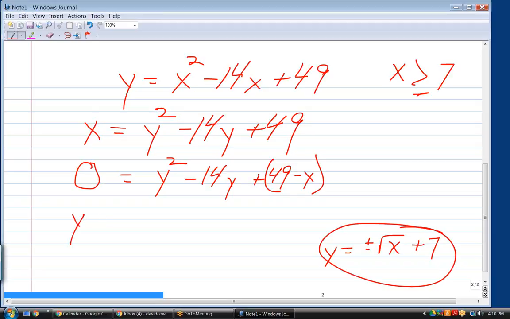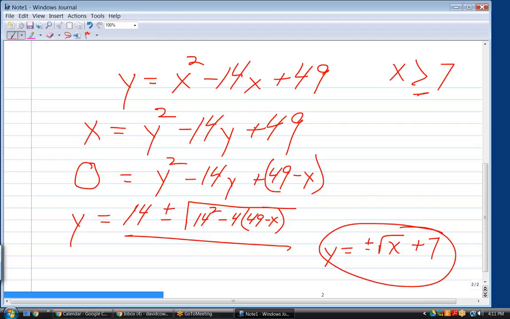So y has to be equal to, using the quadratic formula, minus b, that's 14, plus or minus the square root of 14 squared minus 4 times 1 times c, and c in this case is that, all divided by 2.